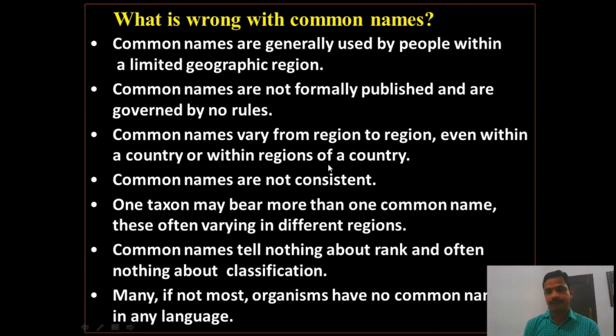Common names do not tell the status of the plant, but botanical names or scientific names indicate their rank, the level at which that taxon is classified. So we can get an idea of the classification of the taxon. For example, Techi.